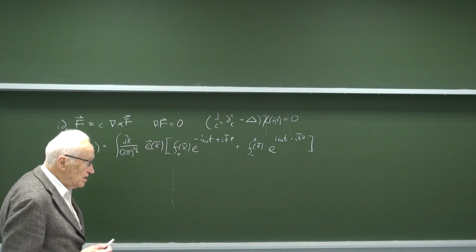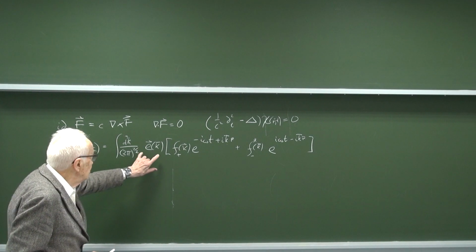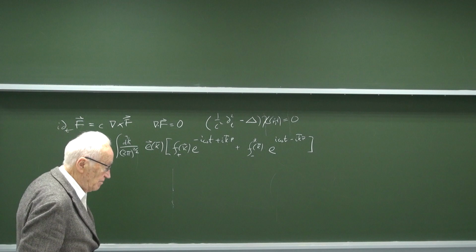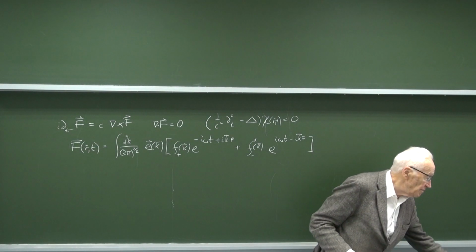The Whittaker construction can be easily deduced from this formula, provided we say something about this polarization vector.